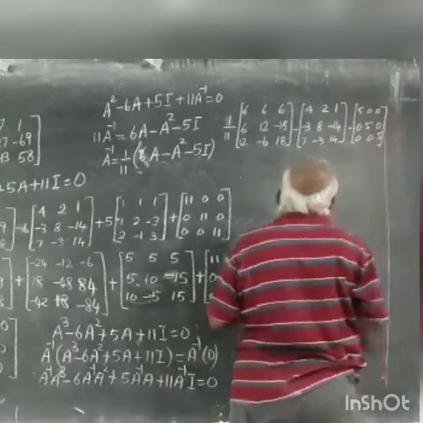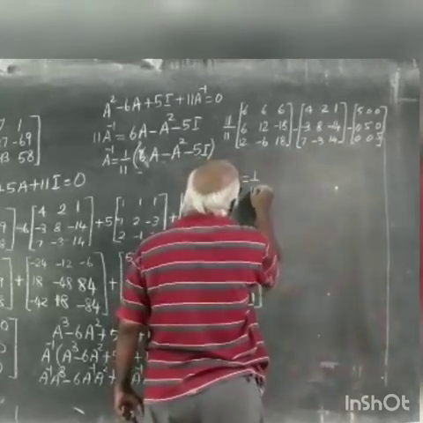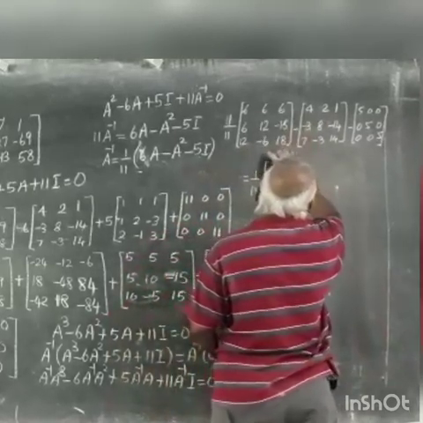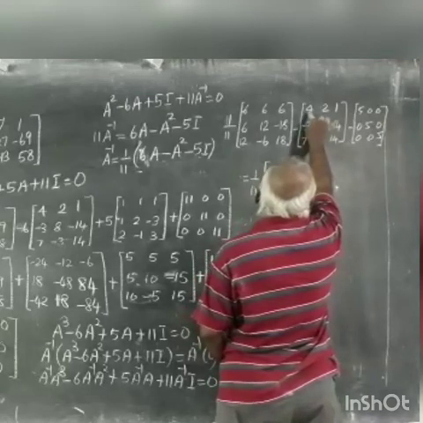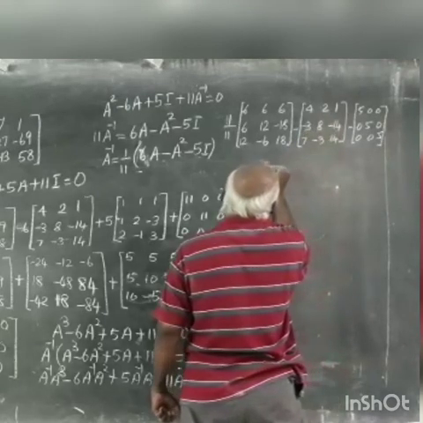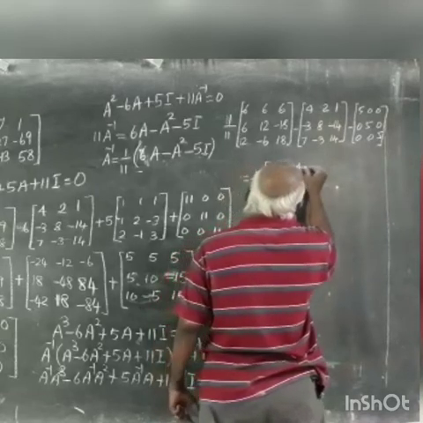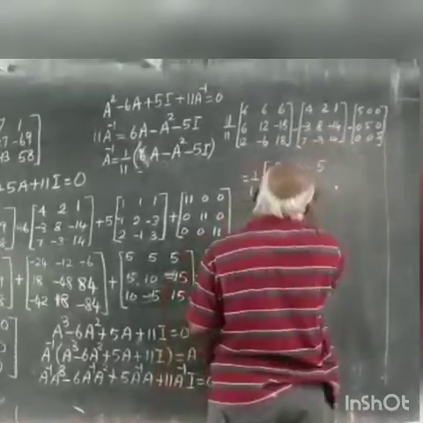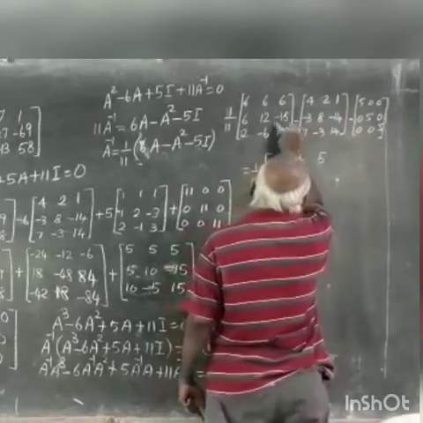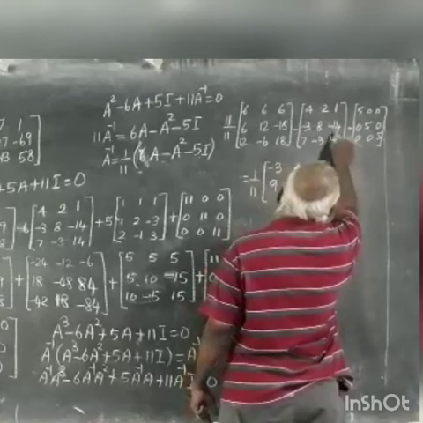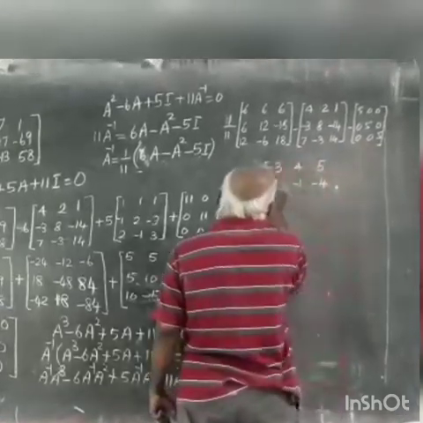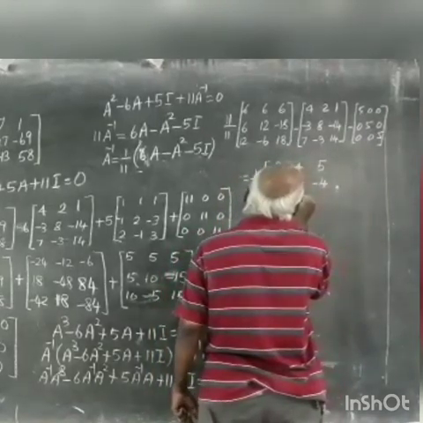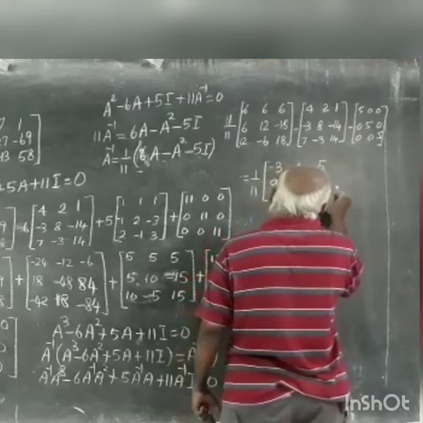That is equal to 1 by 11 into 6 plus 4, 10, 6 minus 4, minus 2, plus 3, minus 3, minus 3, 4, 5, then 9, 6 plus 3, minus 9, 9, then this one is minus 1, and here minus 4, then 5, minus 3, then minus 1.